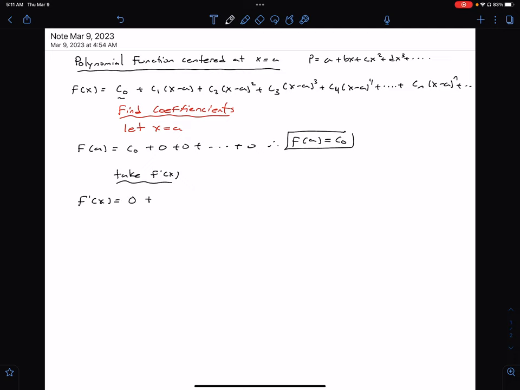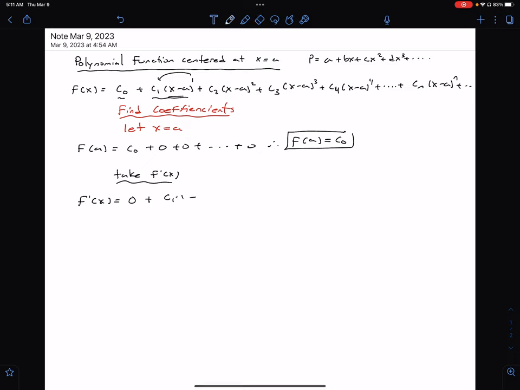For c1 times x minus a, if I take the derivative, the power is 1, so I get c1, and the derivative of the inside is just 1, like your chain rule.